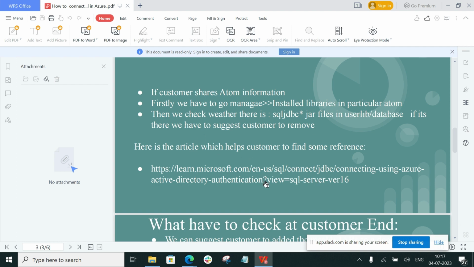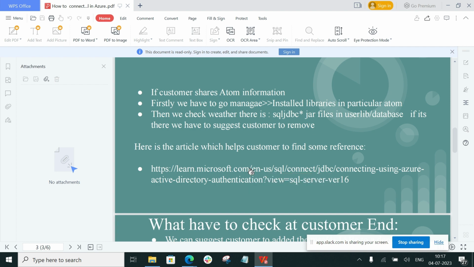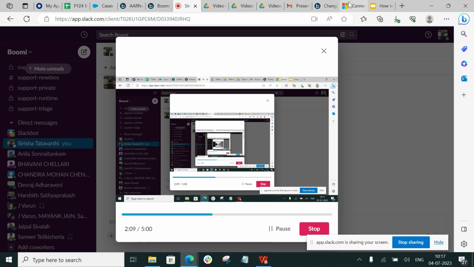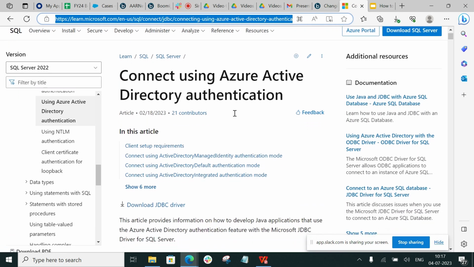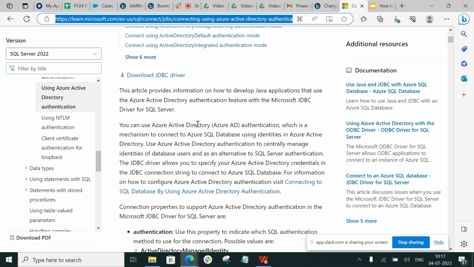Here is the article we can share. It is used mainly for references. If we go to this article, it talks about connecting using Azure Active Directory authentication. It mainly provides the JDBC drivers, meaning all available drivers.